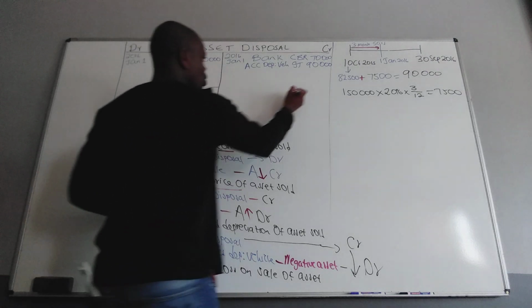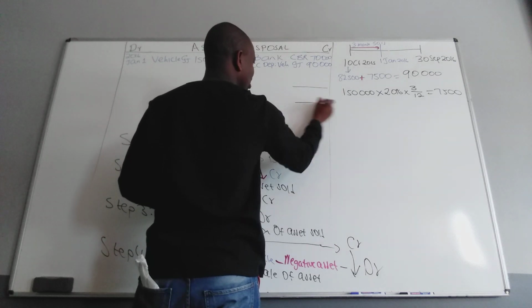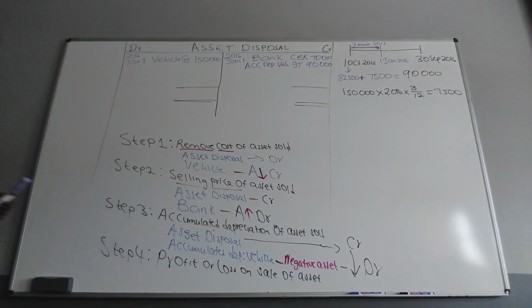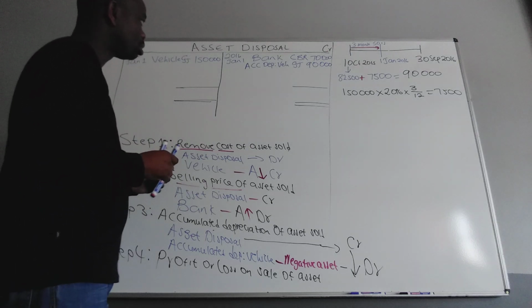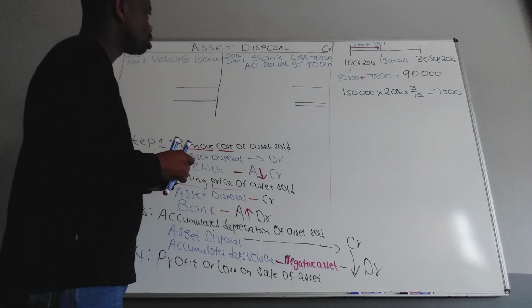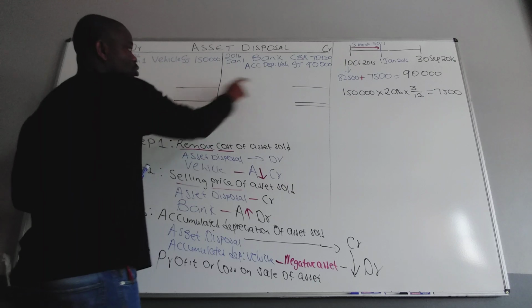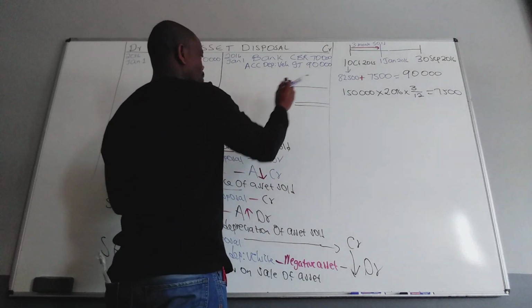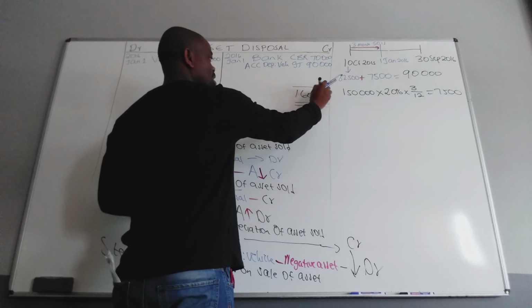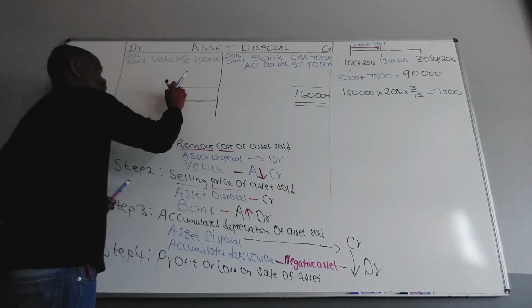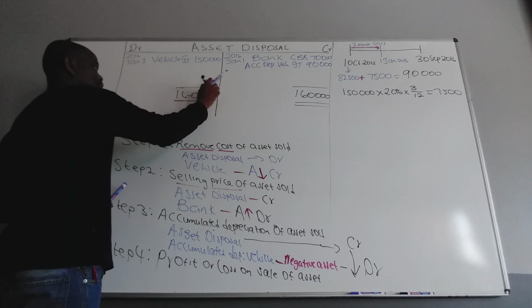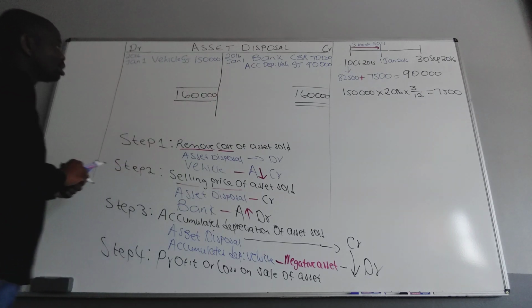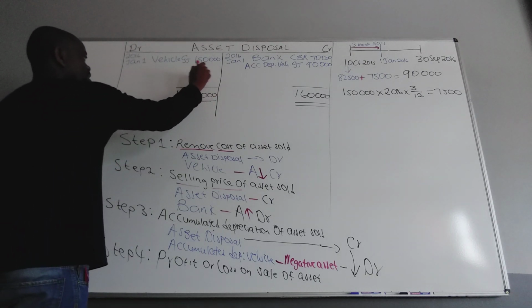So we can only know the profit by balancing this, and decide whether we made profit or loss. 7 plus 9 is 16, so this one is bigger. It's going to be 160. I'm going to copy it to this side. Obviously the difference is going to be there: 10,000.